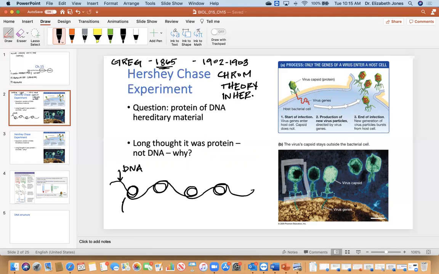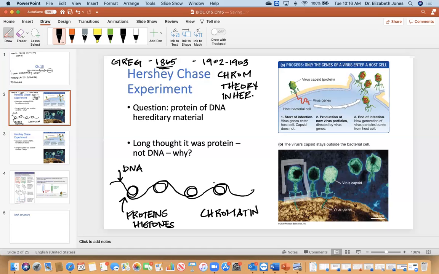So what we do in our nuclei is we wind this thread around some proteins. These proteins, if you remember from previous lectures, are called histones. This combination of DNA plus proteins is called chromatin, and this is the stuff that chromosomes are made of, right?